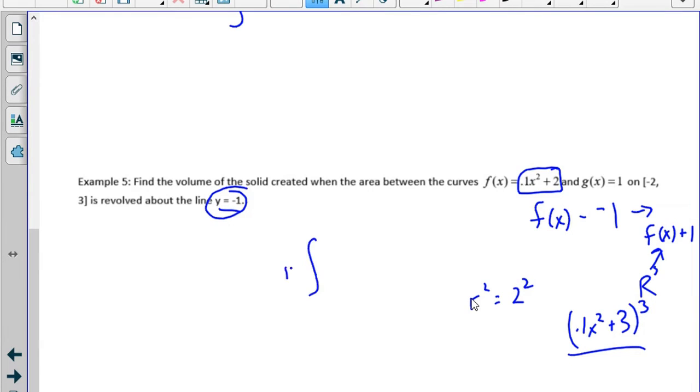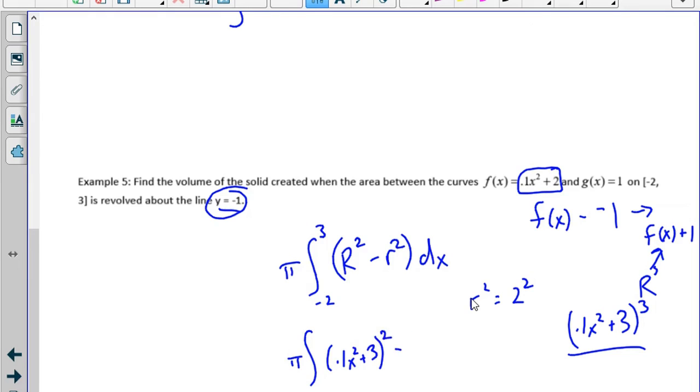So if I'm going to do pi times the integral from a to b of big R squared minus little r squared dx, I have to be careful. I have to make this 0.1 x squared plus 3 squared, and then I'm going to subtract 2 squared dx. Then this is likely a calculator problem because of the decimals and everything.